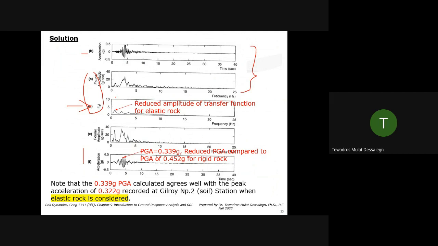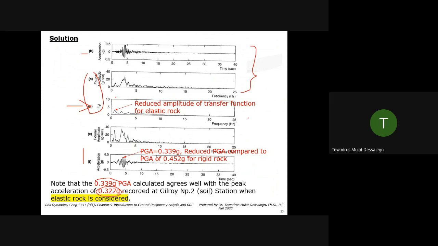At the ground surface, they recorded 0.322 g, but we're getting close, 0.339 g. It's not that bad. There are still some minor differences, but that can be attributed to soil properties and things like that. And also, we are assuming a uniform soil. The soil may not be uniform, and maybe some stratification.